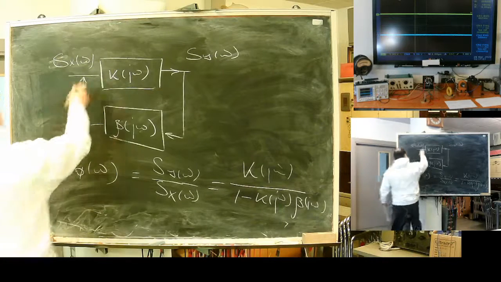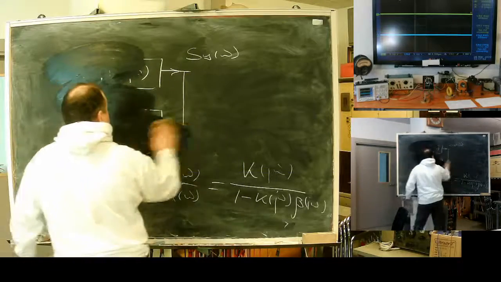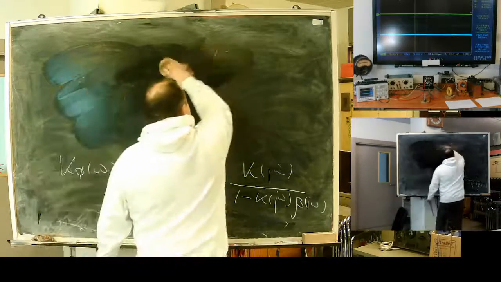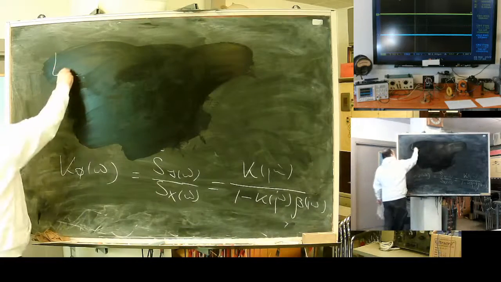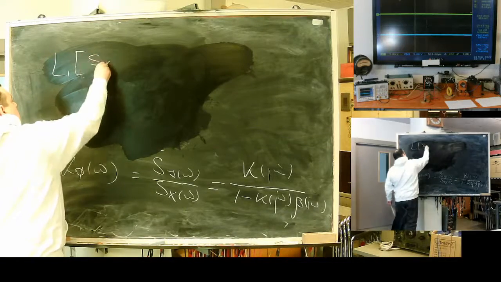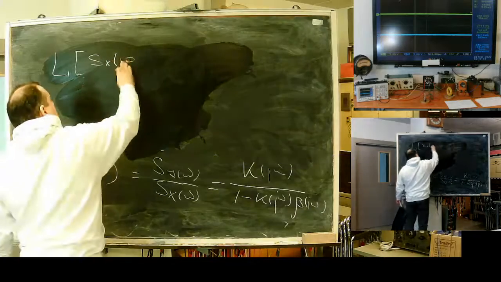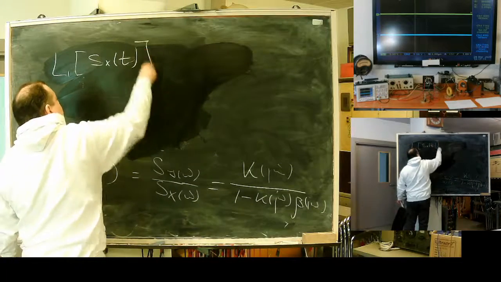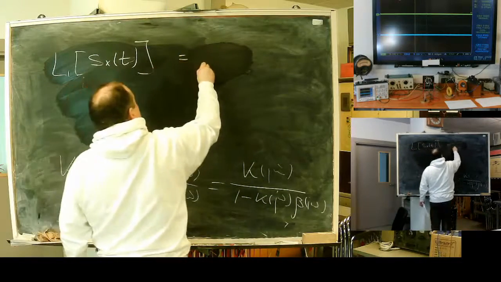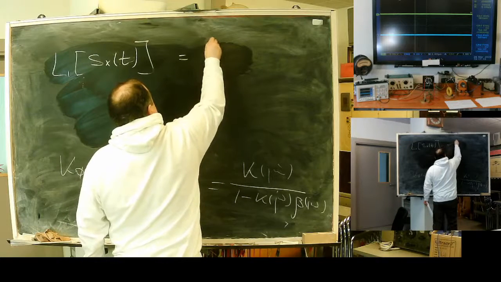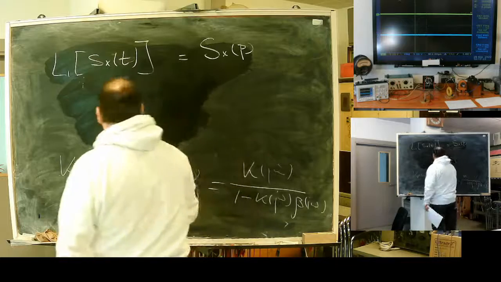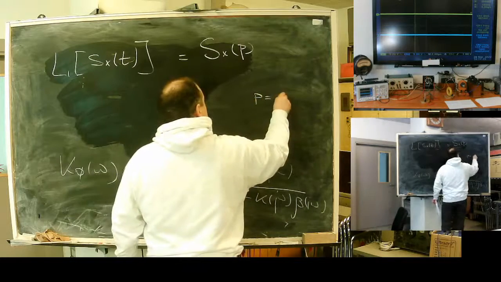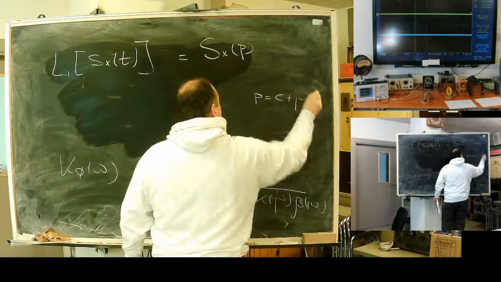We can switch to Laplacian space. So if we perform Laplacian transform on Sx, being a function of time, we will get, let's say, Sx as a function of complex frequency, being j omega.